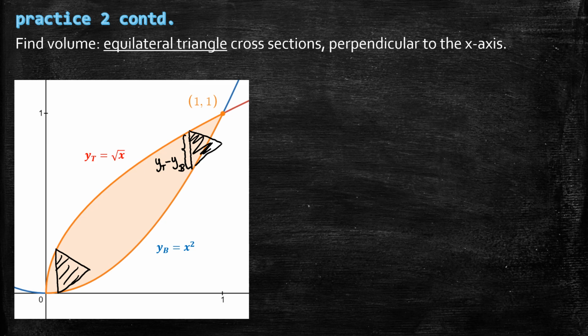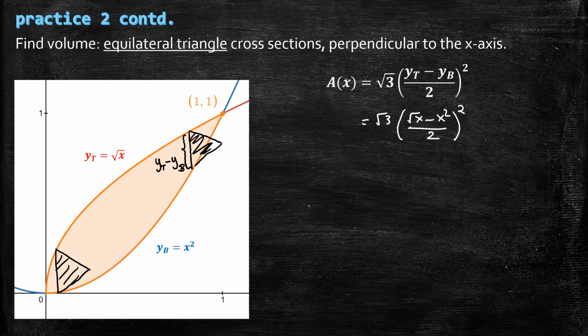And now let's pull up the formula for the area of a cross section when it's an equilateral triangle. If you recall, you had to take the vertical distance yt minus yb, square it, and then multiply it by rad 3. So we covered this in an earlier slide. So if we just put in these values now, yt is rad x minus x squared over 2, squared.